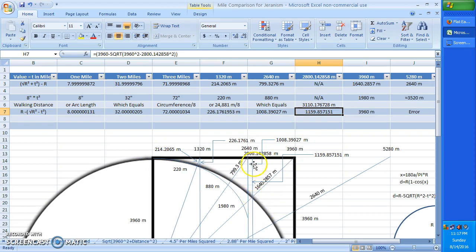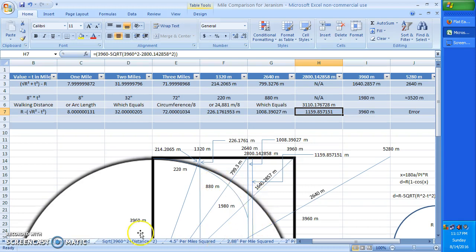So 1,159, or 1,160 miles, is the drop rate, the vertical curvature, for an object 3,110 miles away from your starting point. And there it is. I hope this answers your question, Robert.